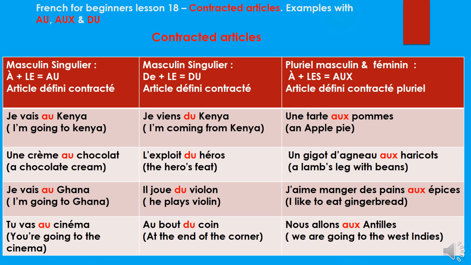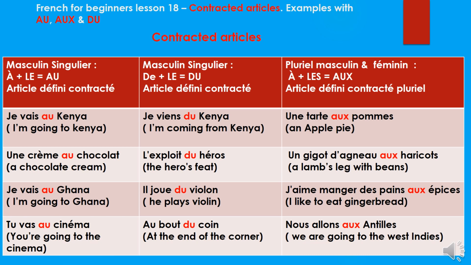With our example, there you have je vais. The next sentence is je vais au Ghana. I'm going to Ghana. So you realize when you're dealing with countries in French, you always put a definite article in front of the country. For example, Kenya is masculine, so normally you say le Kenya.